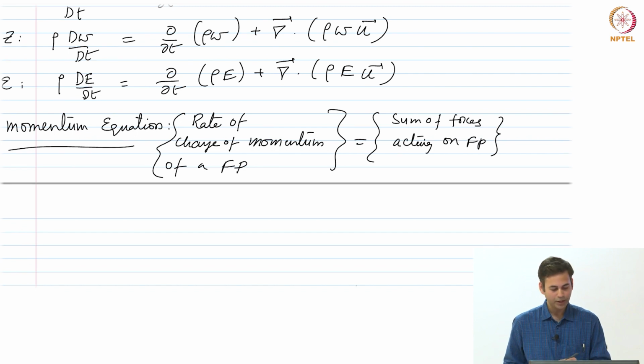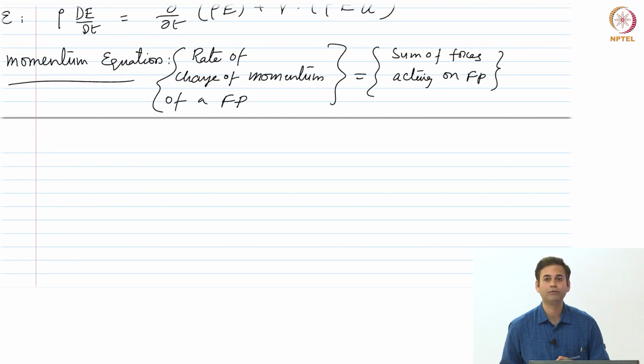So that is what we have. We have already derived what is on the left hand side, the rate of change of momentum. Now we have to look at what kind of forces act on the fluid particle.